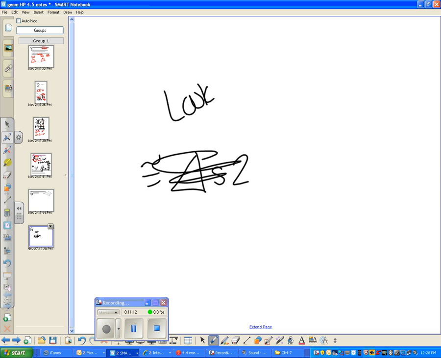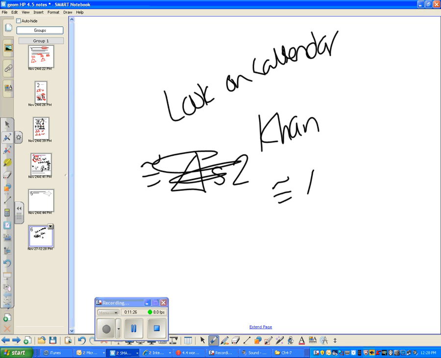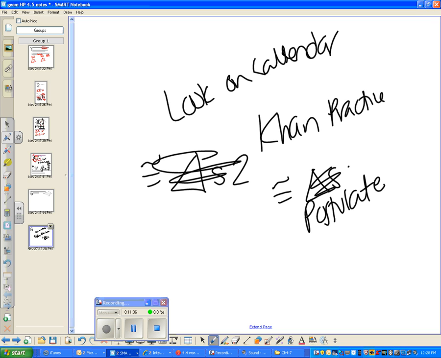I think you just have to do Khan Academy stuff. All right. Thanks, guys. I was right. Okay. Sorry. On your calendar, it says on Khan Academy, you need to do congruent triangles, congruency postulates. So you're going to type in congruency postulates into Khan practice and do those.